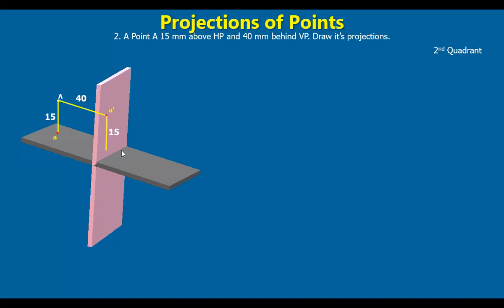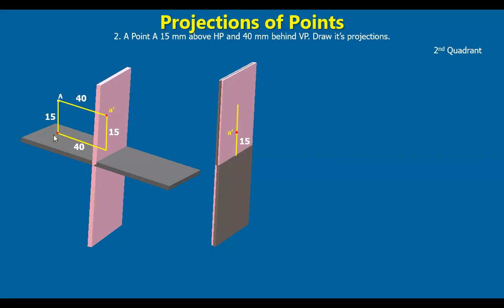Rotate this horizontal plane and also show the projectors here on the horizontal and vertical planes. Now, rotate this horizontal plane clockwise and you get a single plane like this, coinciding horizontal plane with the vertical plane. Now, the front view is at a height of 15 mm from the reference line. So from the reference line, you mark a front view, that is A dash, at a distance of 15 mm, this distance, 15.